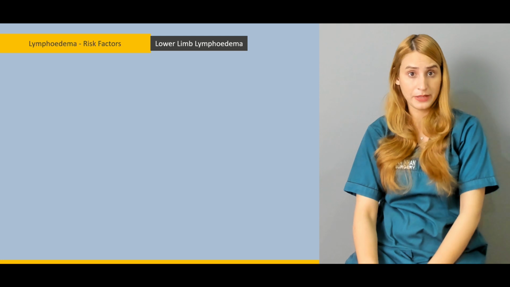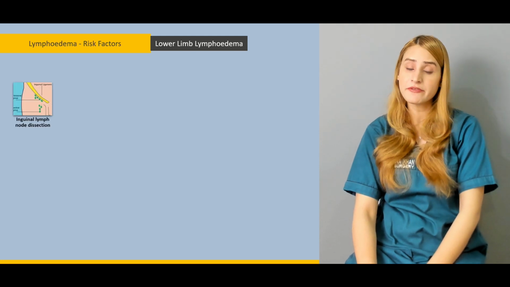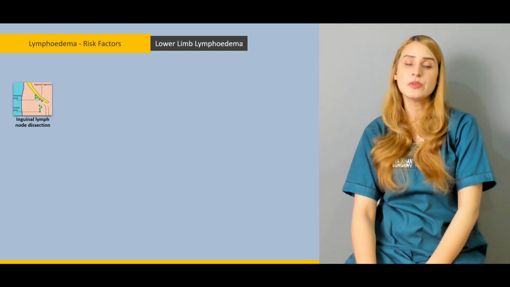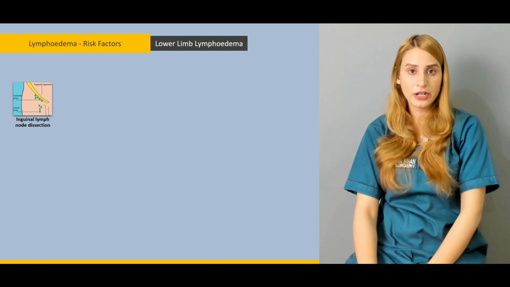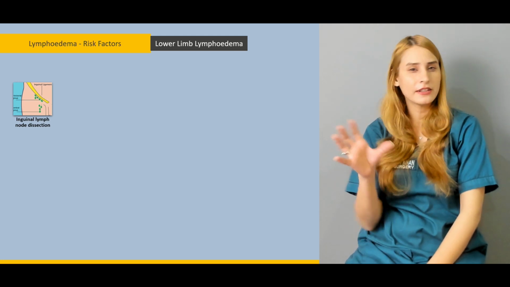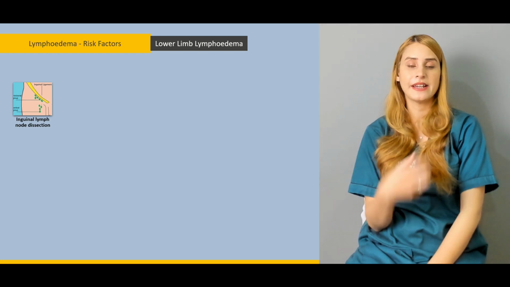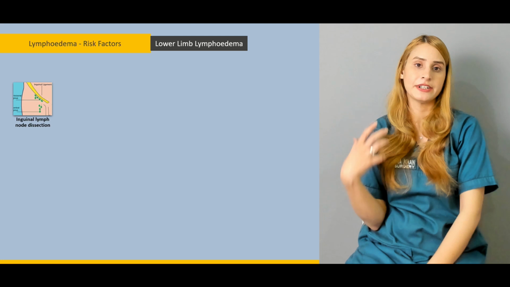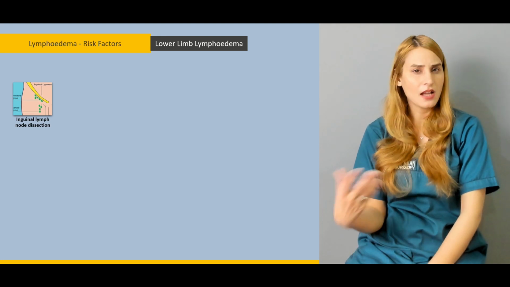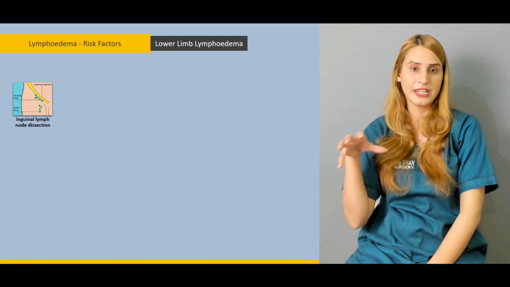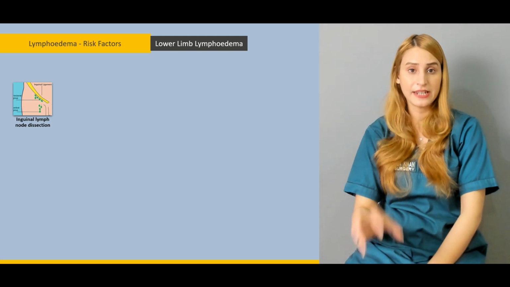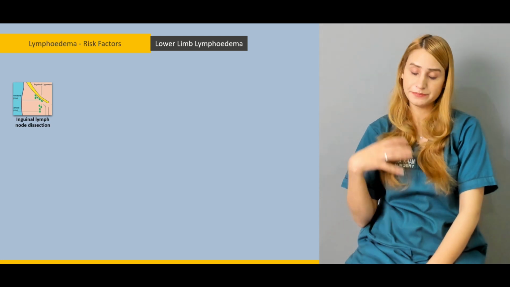lymphedema, there can be lower limb edema as well, and there are some important risk factors related to lower limb lymphedema, particularly inguinal surgery, especially if you're operating a case of direct or indirect inguinal hernia or femoral hernia. There's a lot of dissection around the inguinal canal and the inguinal lymph nodes.